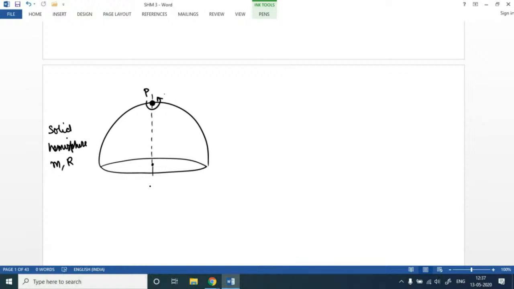So we know the time period relation for a physical pendulum is nothing but 2π root under I_P upon MGL. So let's try to figure out what I_P would be here and what L would be here. You should realize the center of mass of a solid hemisphere will lie somewhere over here.